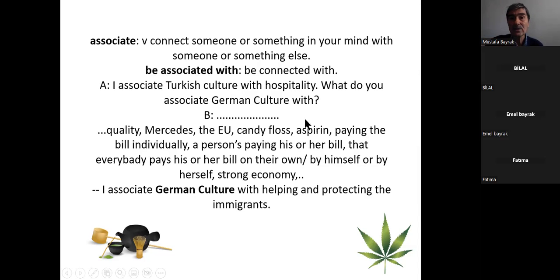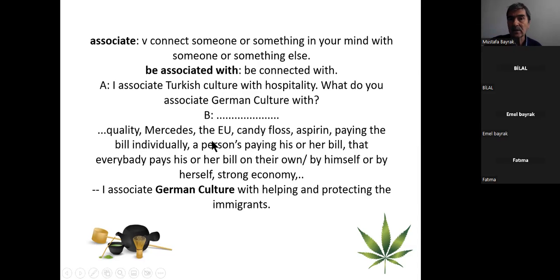Okay. What do you associate German culture with? I associate German culture with quality. And Mercedes, for example: when I think of German culture, Mercedes comes to my mind. So Mercedes is associated with German culture.